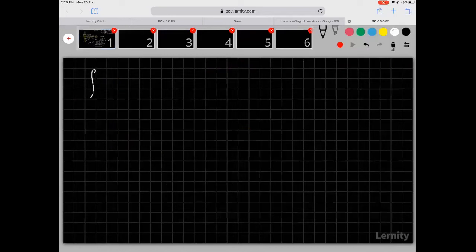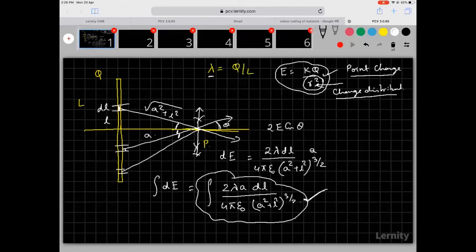So I'll write down my question again. 2 times lambda A divided by 4 pi epsilon naught, dl divided by A squared plus L squared power 3 by 2. This is what we had. Then the limits of the integral on this side will be minus L by 2 and on this side plus L by 2.